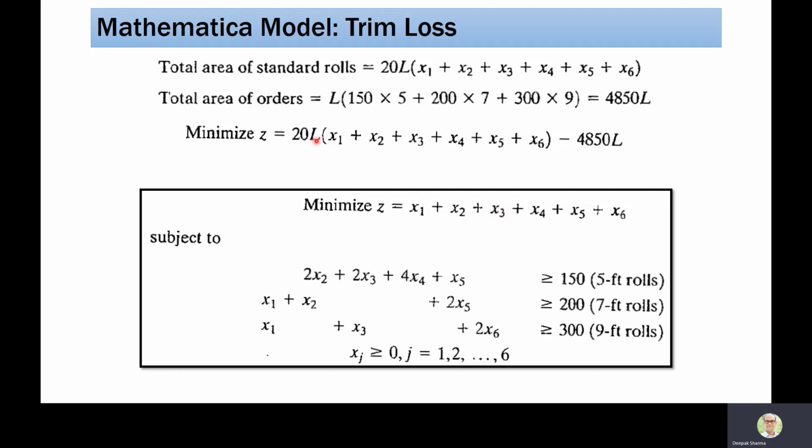Because 20 into L is a constant and what we are subtracting is also a constant. So minimizing this or minimizing that will give the same solution. Subject to, we have the demand on 5 feet, 7 feet and 9 feet rolls. Those equations we have written, and all the variables should be greater than or equal to 0. That is the non-negativity condition.